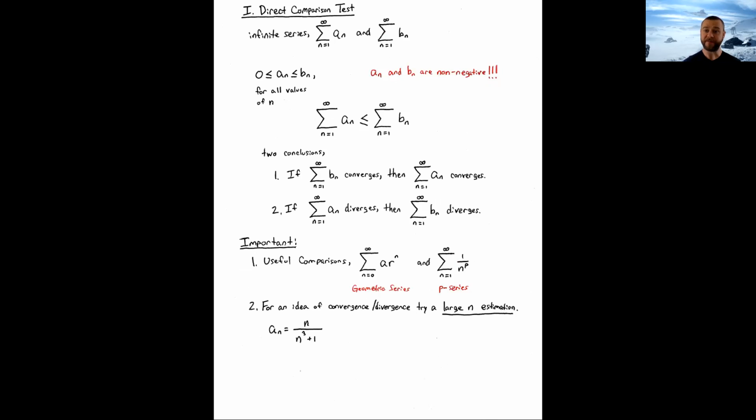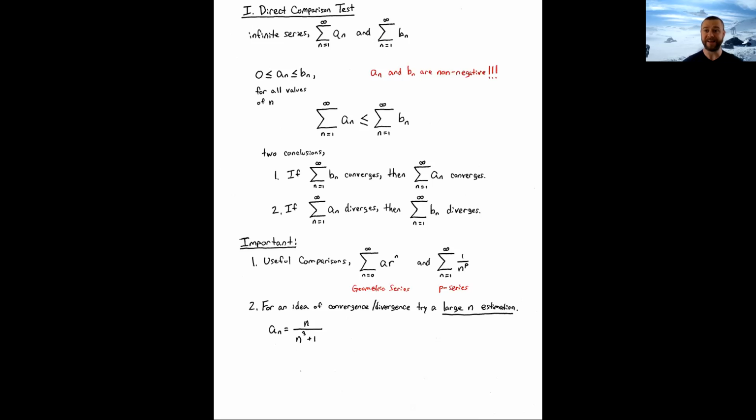So if you think your infinite series converges, you would want to find a bigger infinite series that you know for sure converges. If you think your given infinite series diverges, you would want to look for a smaller infinite series that you know for sure diverges.